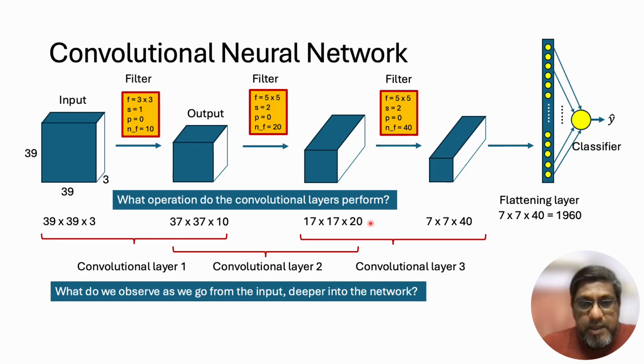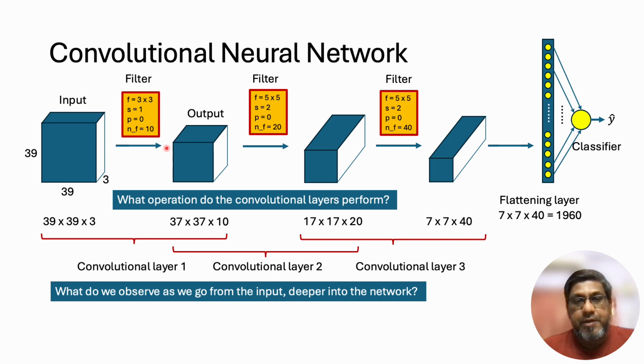So, what does a convolutional neural network look like, and what does it do to a given input signal or an input image? Let us start without going too much into the details of the mathematical calculations, but rather focus our attention at this point on the dimensions, how the dimensions of the input image are affected as a result of each convolution operation.